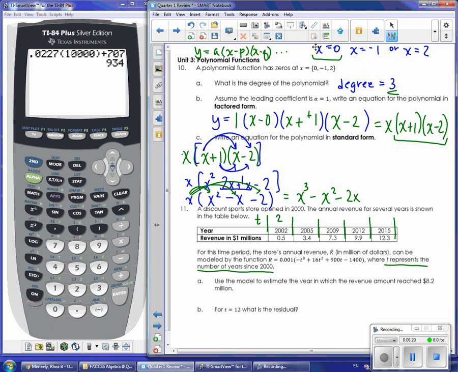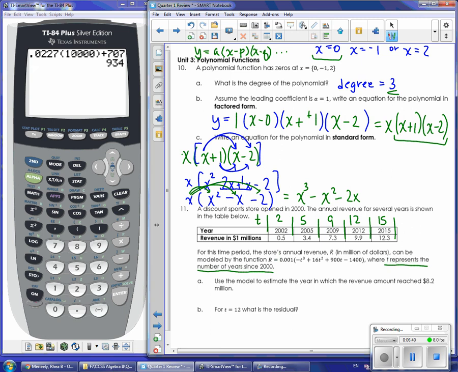So that would give me a T value of 2. In 2005, T would be 5. In 2009, it would be 9. In 2012, and then in 2015. And so now I have some frame of reference for what the values of T are that I'm going to be entering into my calculator.